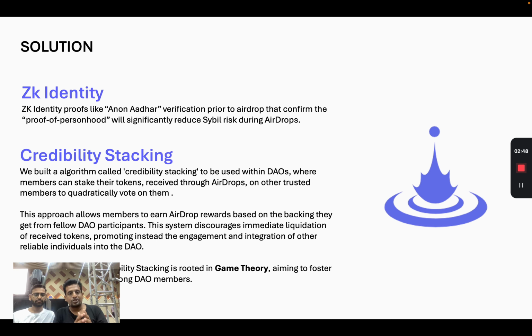The idea here is if you use all your tokens to vote on a single person, you end up giving them less representation in the community. While if you divide your stake and vote on multiple people, you end up having a higher representation in the community, and the people you represent get more rewards, right? So we use this concept. It's based on game theory, to enable people to stake on each other, and that also builds a viral loop into the product.